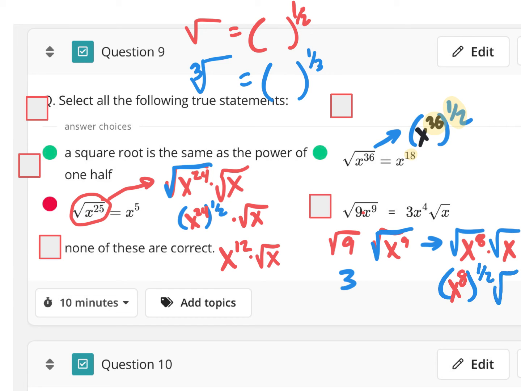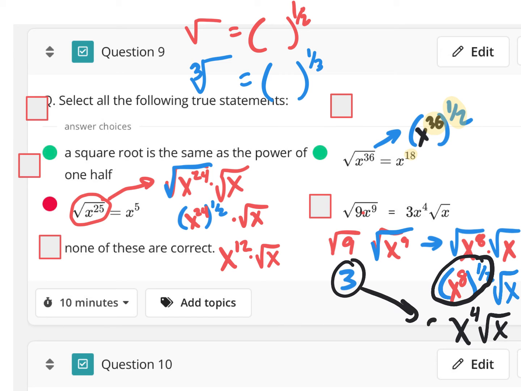And of course you bring down that square root of x, and what is x to the 8th to the power of 1/2? Multiply those powers. 8 times half is 4, so you have x to the 4th square root of x. So what we have here, ladies and gentlemen, is a 3 right in front of that x to the 4th square root of x. And that's exactly what we have over here, 3x to the 4th square root of x, which means that this is a true statement as well. Okay, I hope this makes sense.